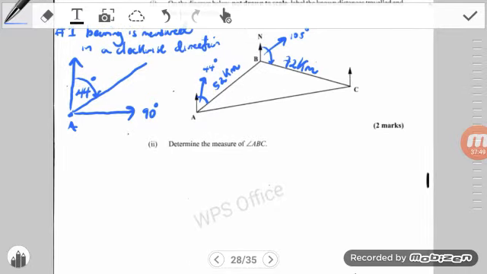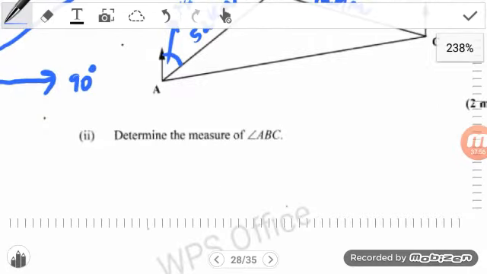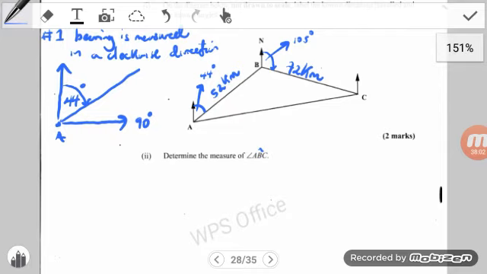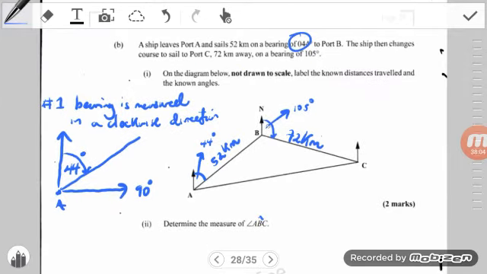We are now going to be determining the measure of the angle ABC, which is the angle at B. We just discussed that the angle is at the letter that is located in the middle. Now we already have an angle here at B on the outside, so we're pretty much looking for this angle on the inside.